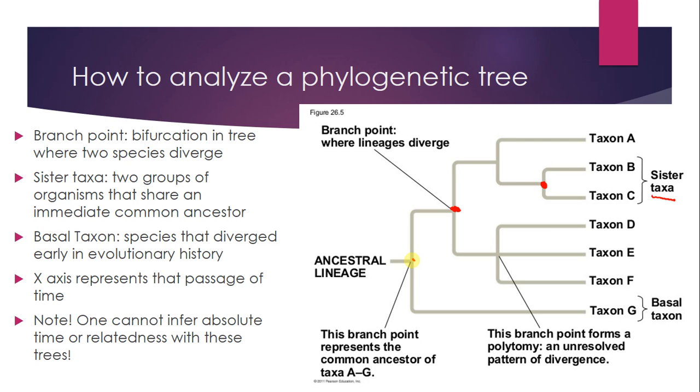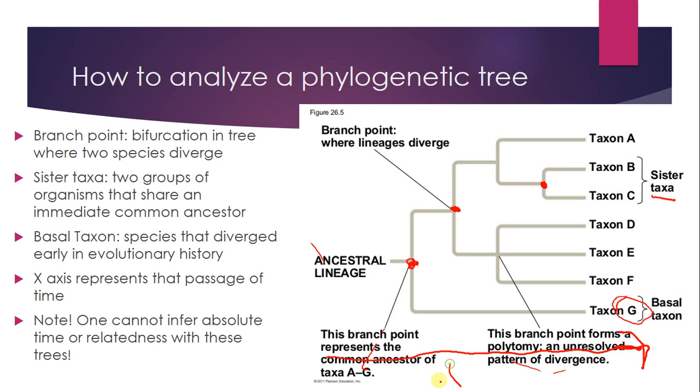A basal taxon is a species or a group that diverged very early in evolutionary history. So G would be a basal taxon. It diverged very early in the ancestral lineage and then remained basically how it is today the whole time. No other divergent events.